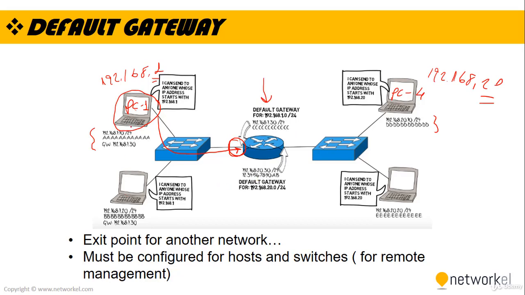But if PC1 wants to communicate with PC2, because they have the same network IDs, the packet is not forwarded to the default gateway, and is directly forwarded to PC2.